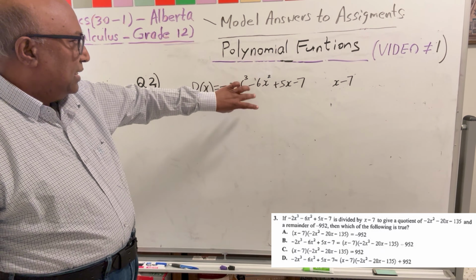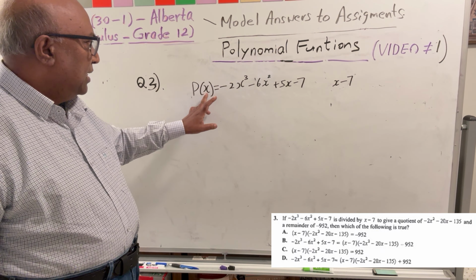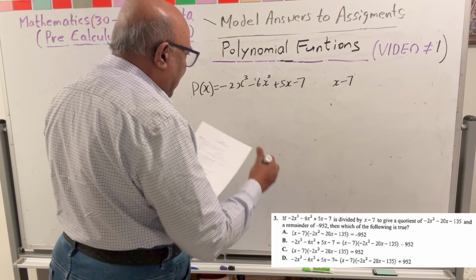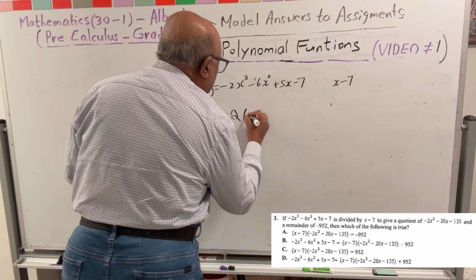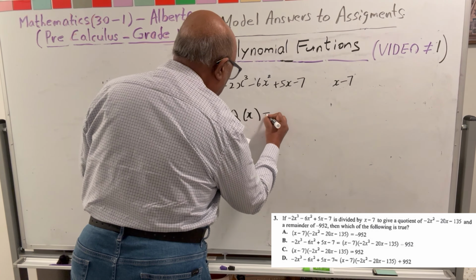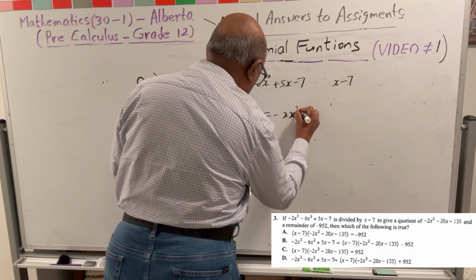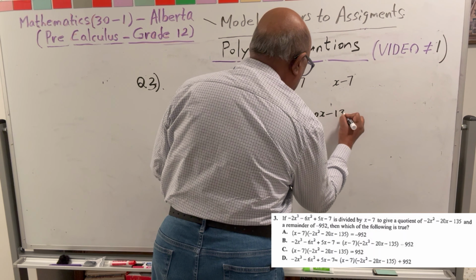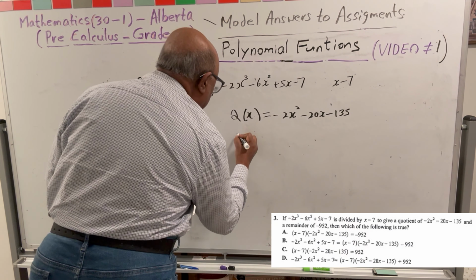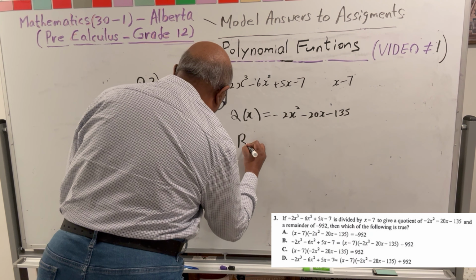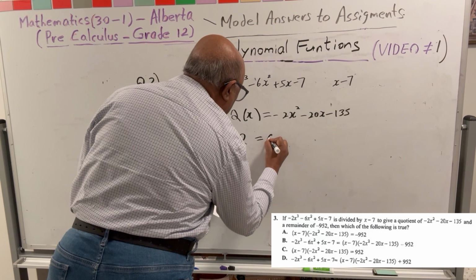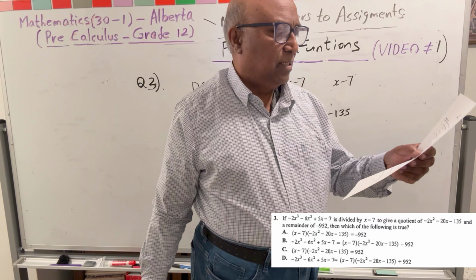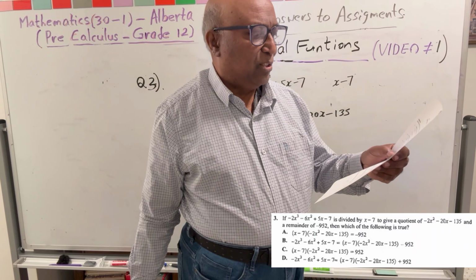The quotient function, quotient q of x, is minus 2x^2 minus 20x minus 135 and the remainder is minus 952. The question asks, which of the following is true?